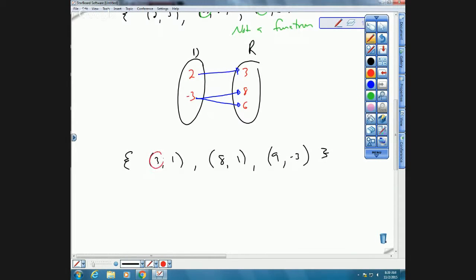If I asked you what 3 goes with, what would you say? 1. If I asked you what 8 goes with, what would you say? 1. If I asked you what 9 goes with, what would you say? So then they all just go to one value? Okay, that's the trick one there, because if you look at the picture, those all only go with one number.